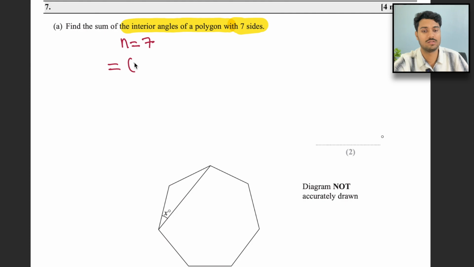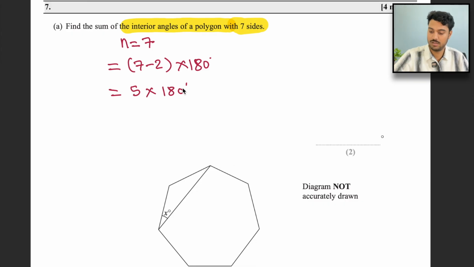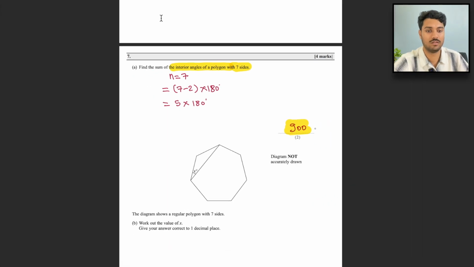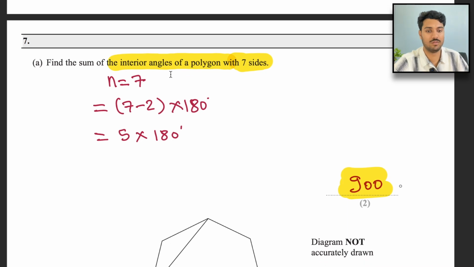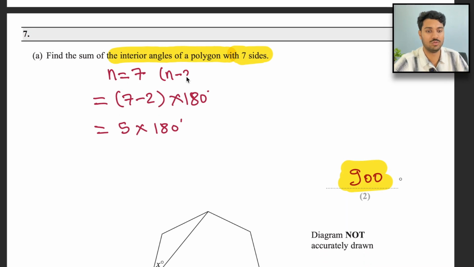Simply 7 minus 2 into 180 degrees. So 5 multiplied by 180 is 900. So 900 is the answer. Basic direct question. Here we use the formula n minus 2 multiplied by 180 degrees to find the interior angle sum.